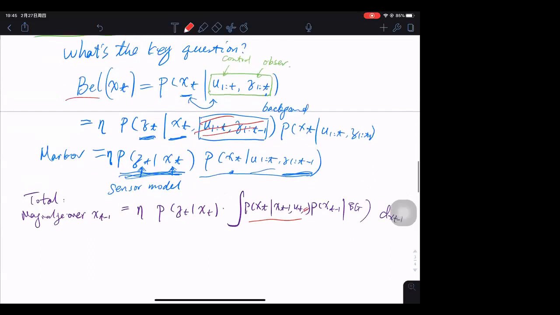Previously, I wanted to compute the belief of xt. Now I have eta times p(zt given xt), the sensor model, times the update of my action, times the belief of xt minus 1, right?